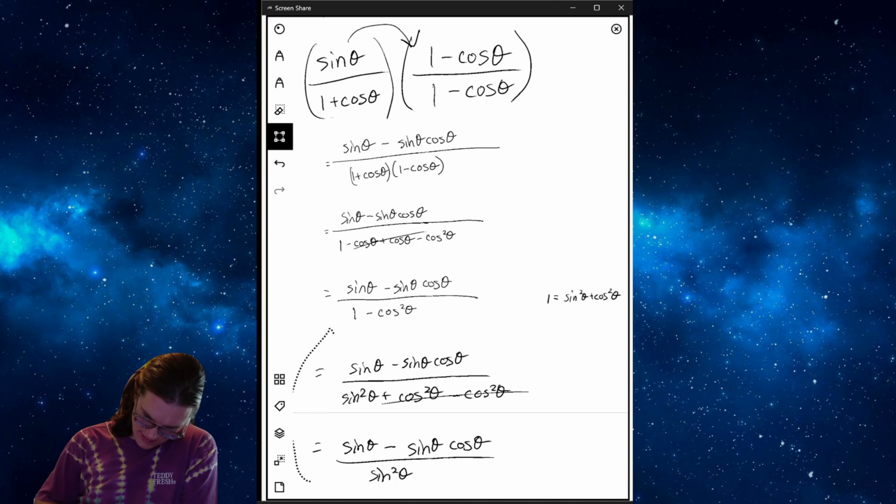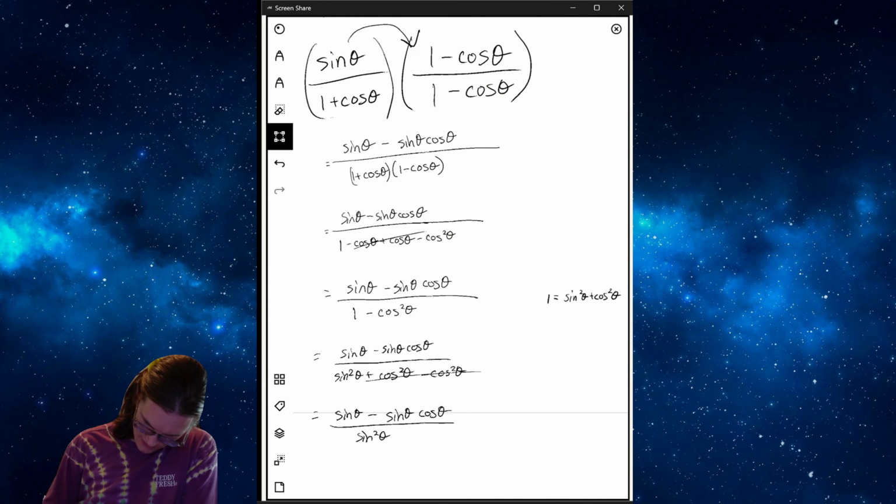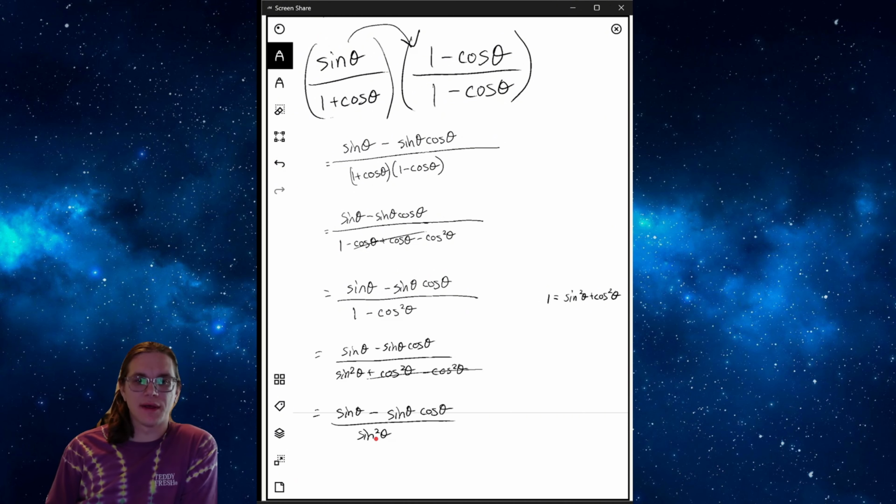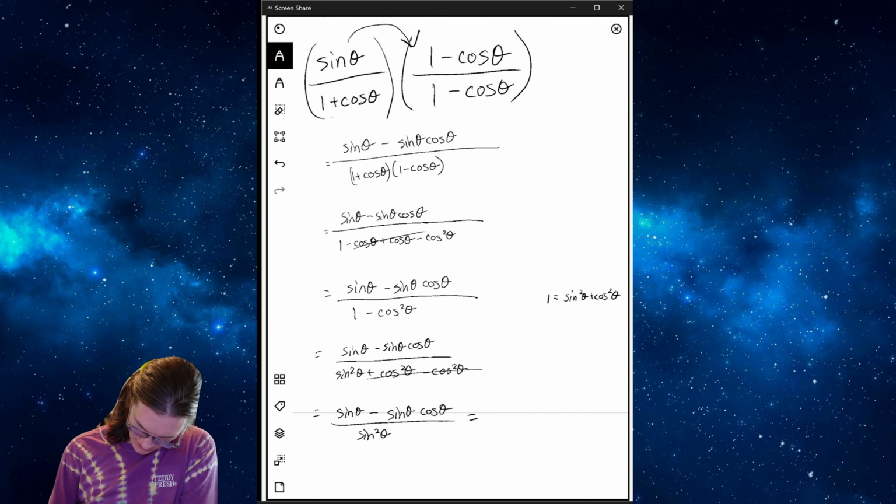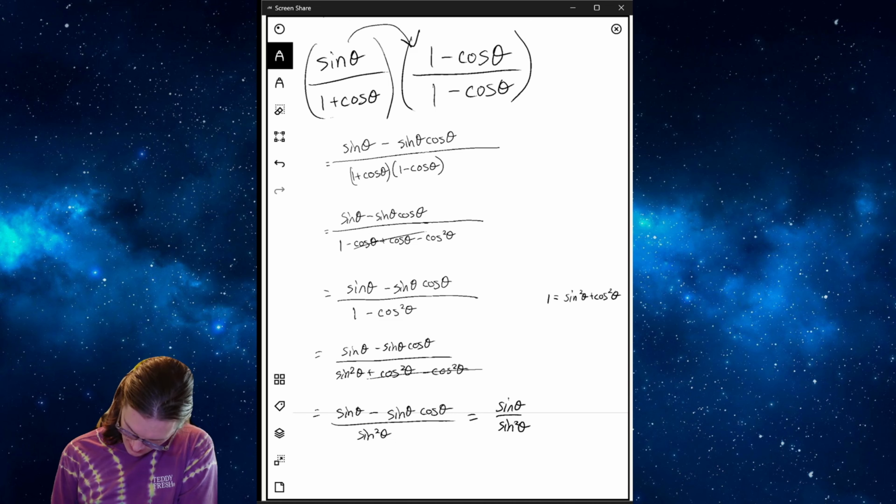And then this, okay, we're kind of getting somewhere. It's a little weird. Now we have a denominator that doesn't have any addition or subtraction happening, which is always nice, because now we can say, okay, this is sin theta over sin squared theta, and this is sin theta cosine theta over sin squared theta.